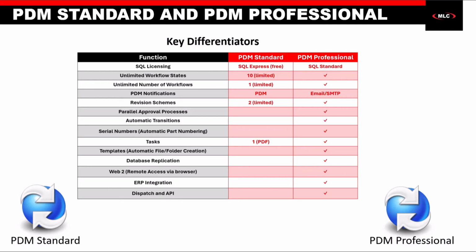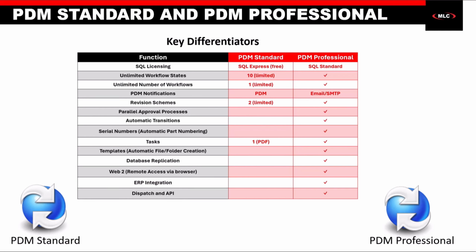So parallel and automatic transitions to help move files through your workflow seamlessly, serial numbers to automatically create part numbers, tasks to automatically convert files from one form to another, templates to automate file and folder creation, database replication to automatically keep your archive up to date between multiple locations, ERP integration to automatically send information out of PDM to an ERP or MRP location. Dispatch and API is also there to create scripts to further automate your system.